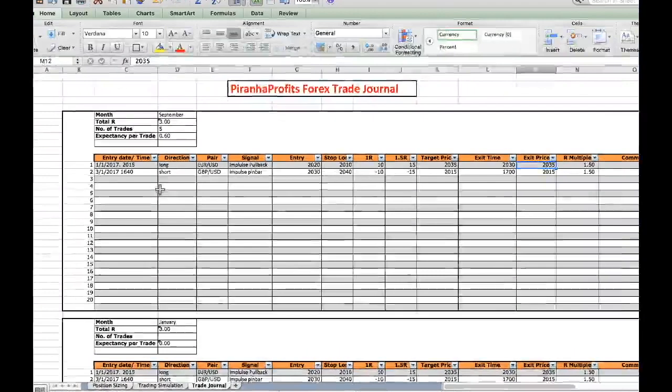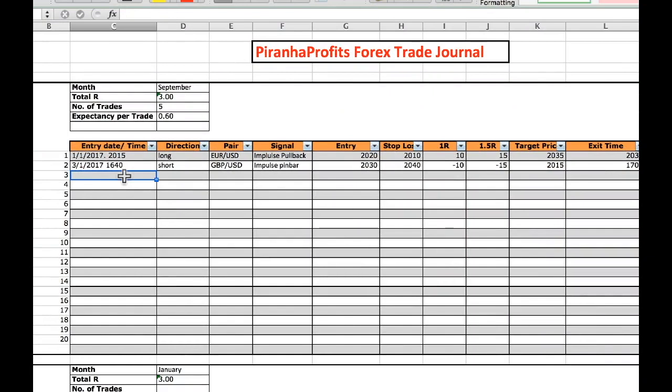So let me give you an example of a loss. Say the next trade is, I don't know, 4th of January 2017. You entered at 3 p.m. and you went long on Aussie dollar. Impulse pullback.